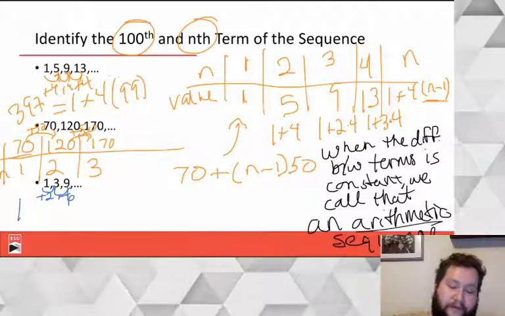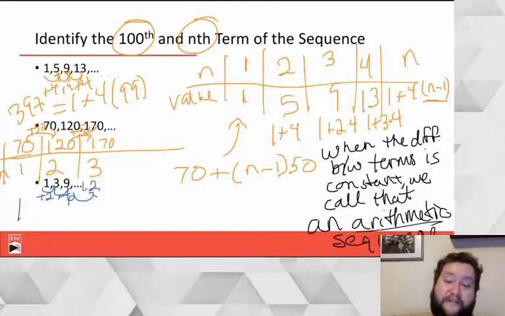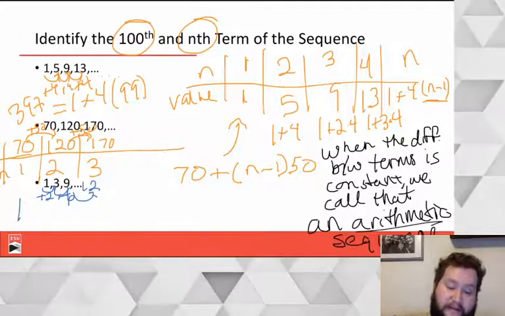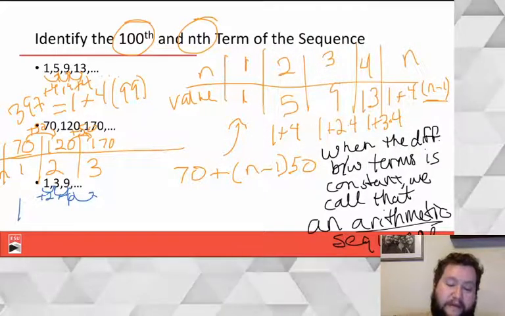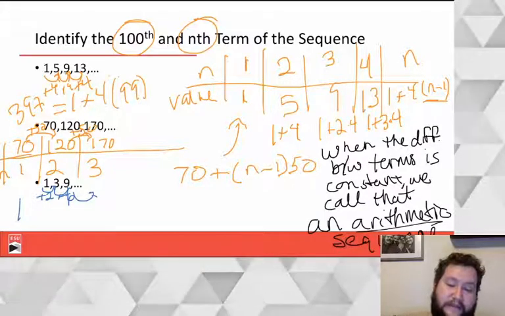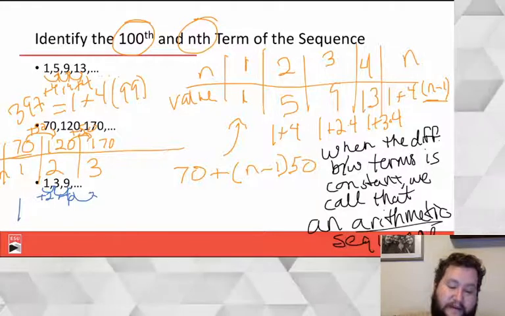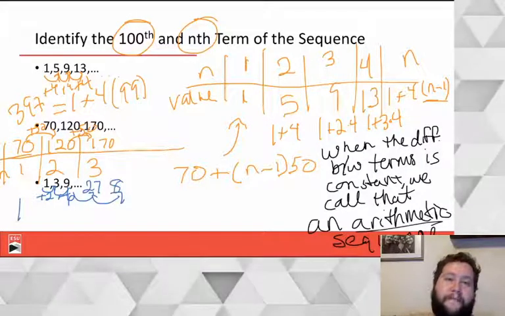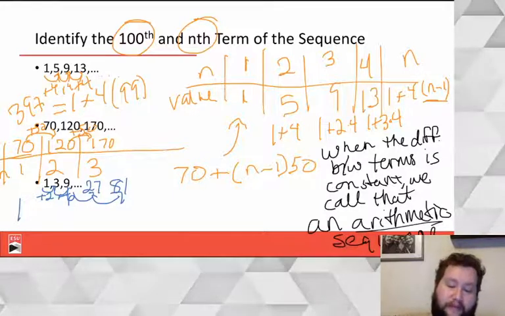And if we went to 12, or no, 12 isn't, that would be if it was just adding 3 each time. But here we have 1 times 3, 3 times 3, and we have 9 times 3, which gives us 27. Now we have 27 times 3, which is 81. And so now it's no longer a constant term, but a multiplication.